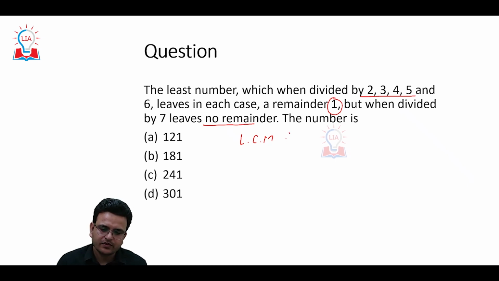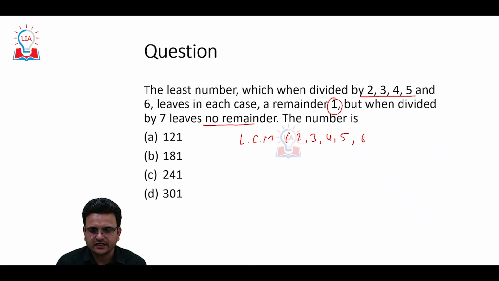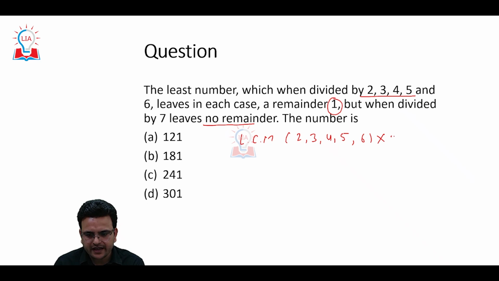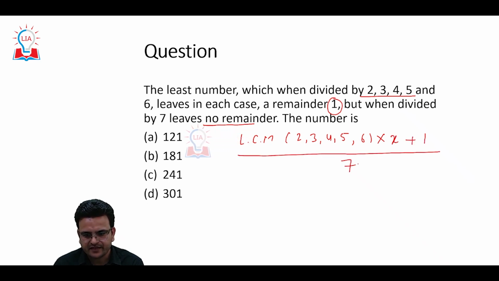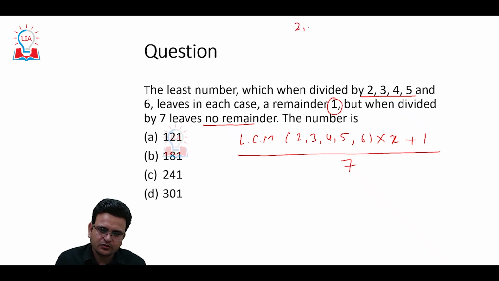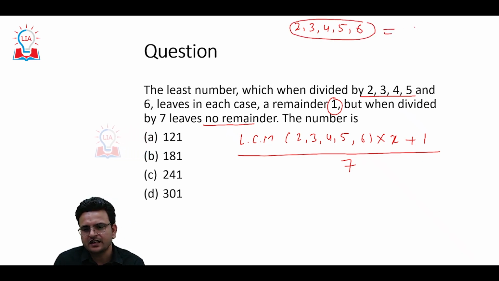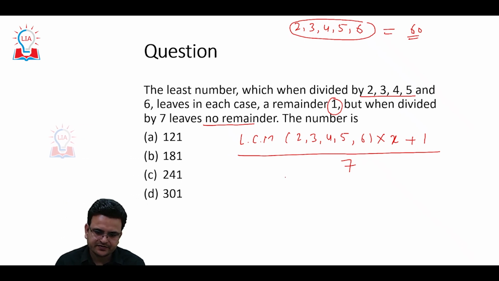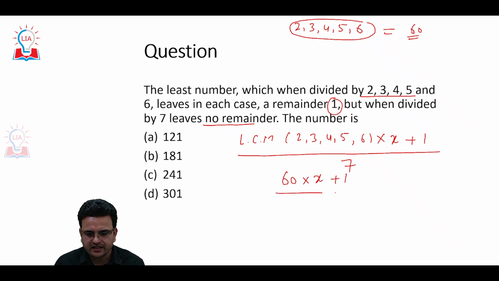So LCM of 2, 3, 4, 5, 6, you will get the LCM. So I think LCM will be 60. So 60 into x plus 1 divided by 7.